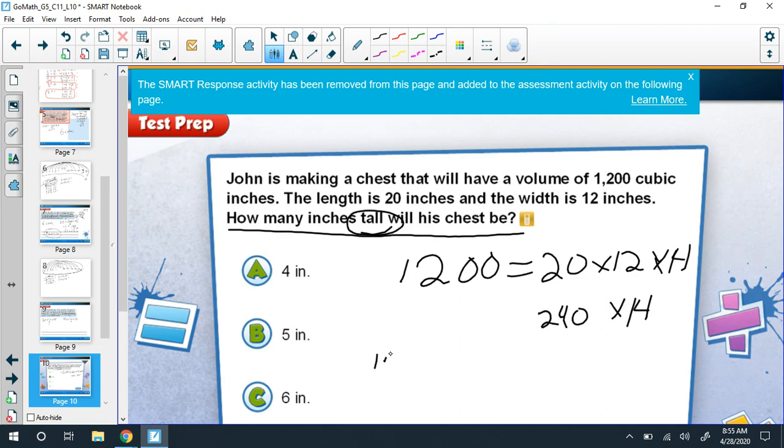So we would take 1,200 and we would divide by 240. Here we can ignore a 0 on the end of each of these. And we would figure out that this is going to go in, what is it going to be, like 5 times? 5 times 4 is 20. 5 times 2 is 10 plus 2 is 12, right? So the height of the chest he's making is going to be 5 inches tall, right?